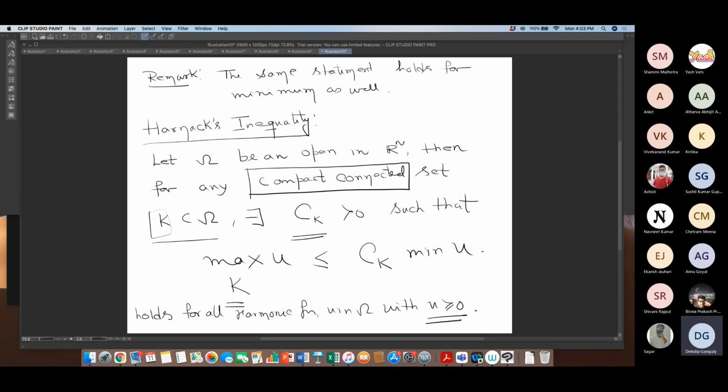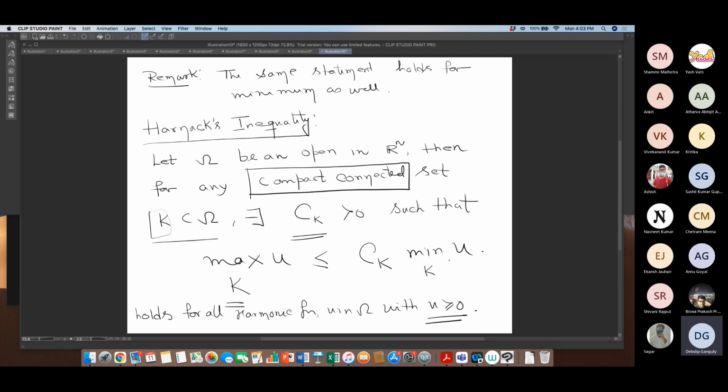Now you tell me, u is a continuous function because u is a harmonic function. That means u is a C infinity function, and hence u is continuous in omega. Now you are taking a compact set K. Then of course the maximum of u on a compact set is attained, yes or no? The minimum of u on a compact set is also attained, yes or no?